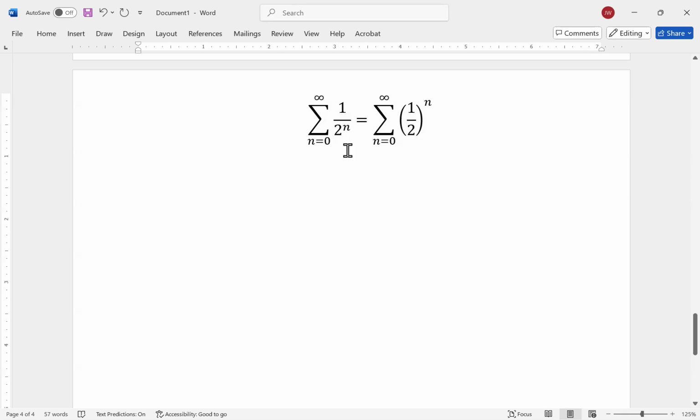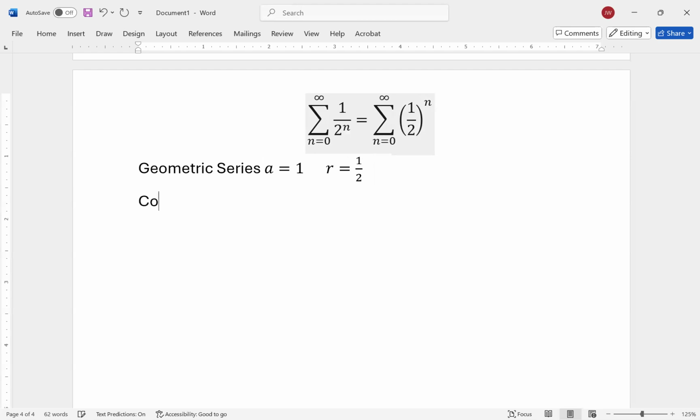So by rewriting this infinite series, it looks exactly like the geometric series. So this is a geometric series, and the a here, the coefficient out front, is just the number 1. The r is going to be 1/2.